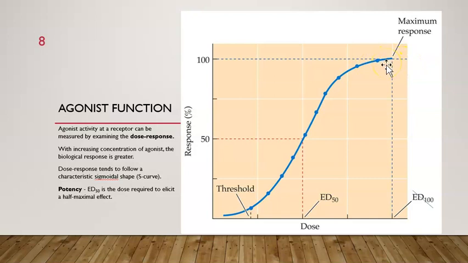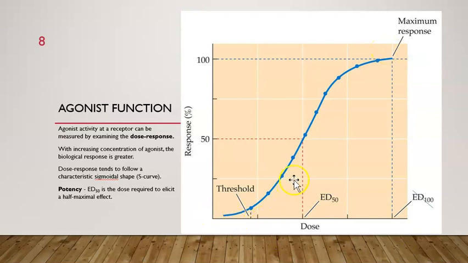There's some point at which we can give them more drug, but there's just nothing left to give, right? That goes back to receptor saturability. They're fully saturated. Giving more drug isn't going to do anything.